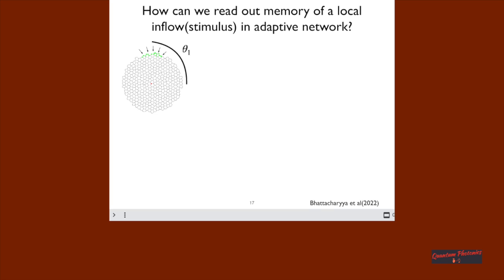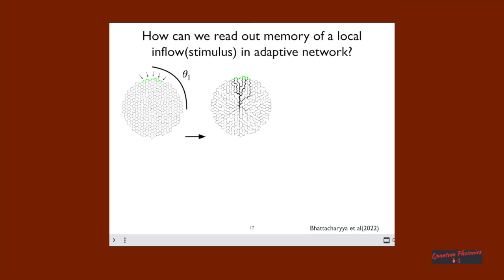So here is where I apply the stimulus in the form of a local extra inflow to the network. And if I adapt the network with this inflow for some time, if you go to the second build, you can see how the network grows after a certain amount of time. It grows these big tubes connecting the center to the stimulus location, which is the additional inflow.